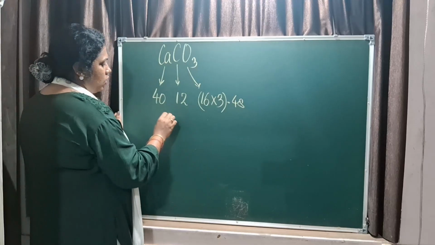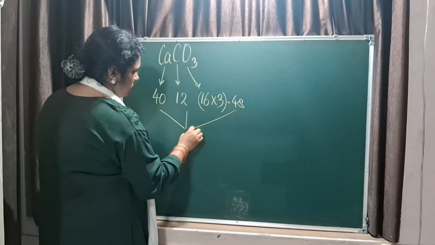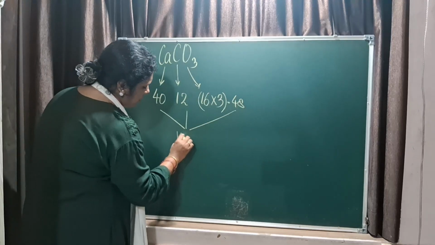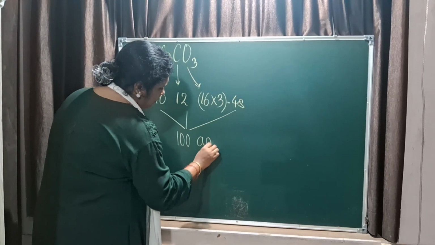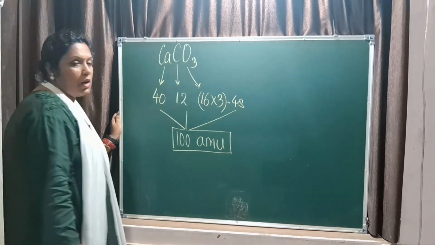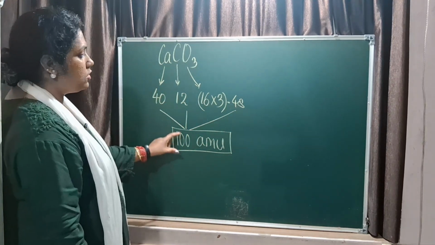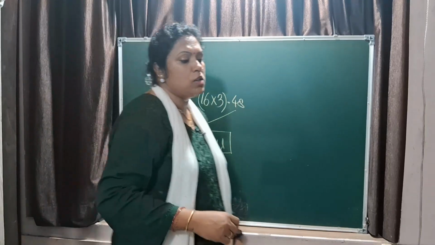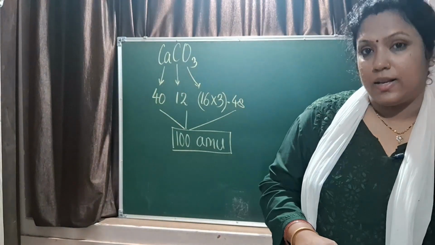Add all of them together. So 48 plus 12 is 60, plus 40 is 100 AMU, atomic mass unit. This is how we calculate, and this should be equivalent on the reactant side and the product side. So let us see how to balance the reaction.